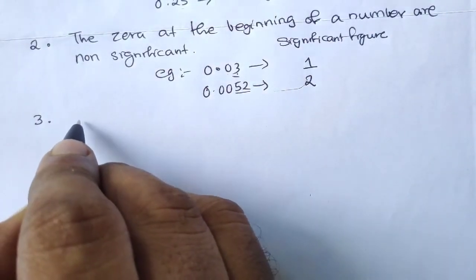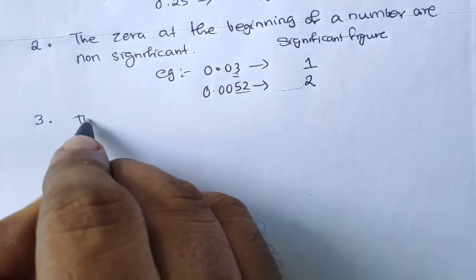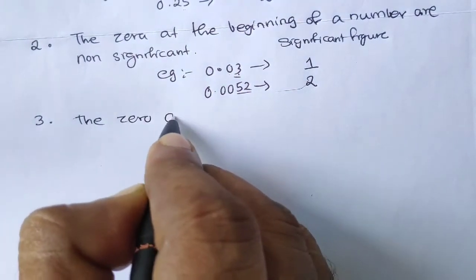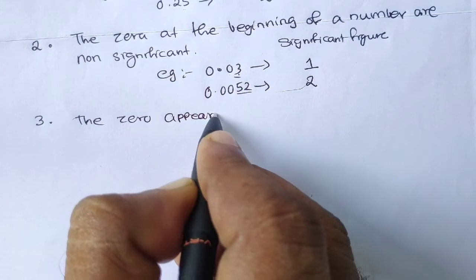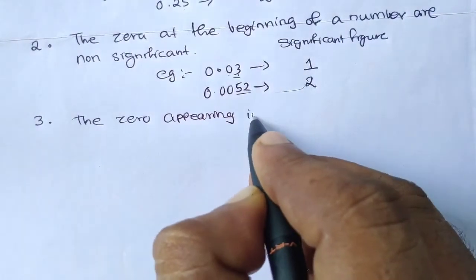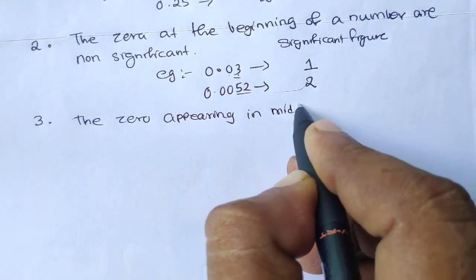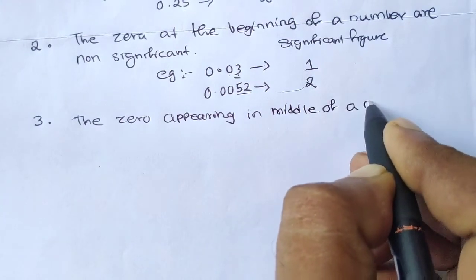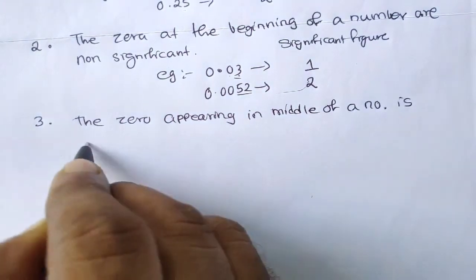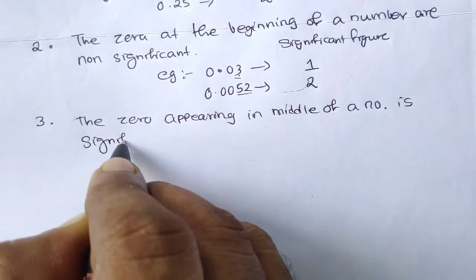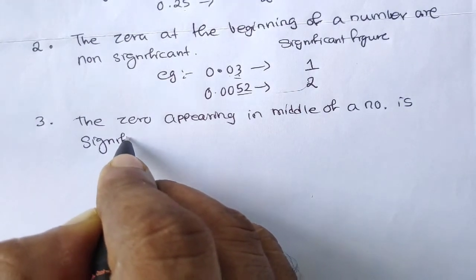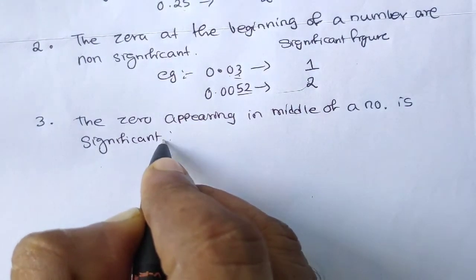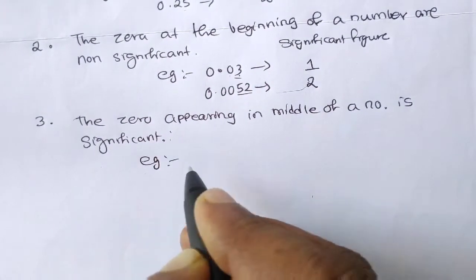Now rule number 3: a zero appearing in the middle of a number is significant. What is the meaning of this? We will understand through an example.